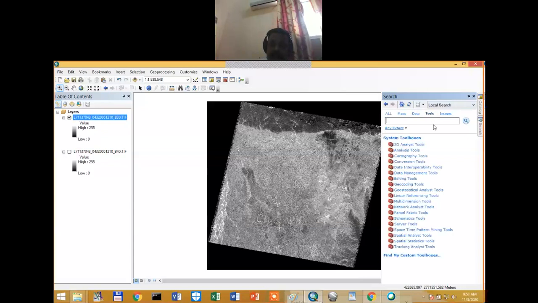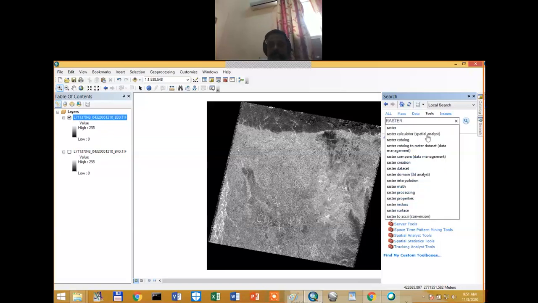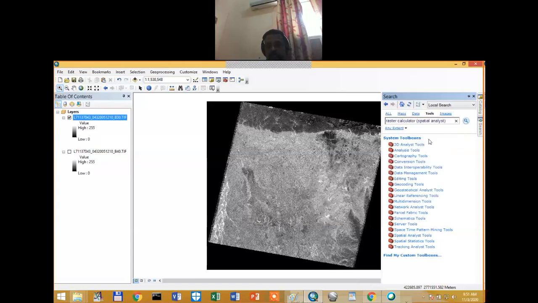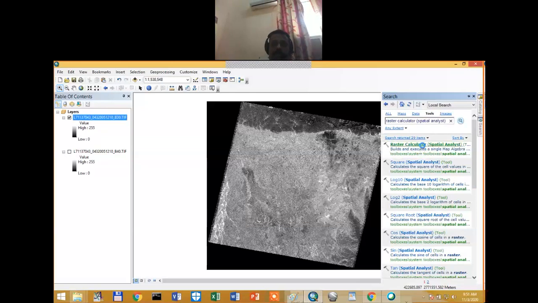Okay, so we have tools here where we do the raster calculator. This is part of Spatial Analyst. Don't worry about this, okay? This is quite new for you because I'm showing you the general approach, how NDVI is helpful in extracting flooded information.